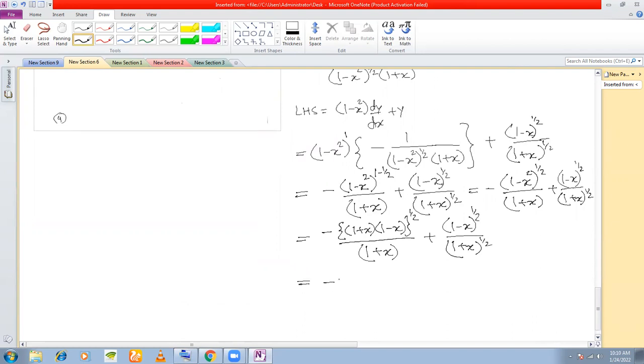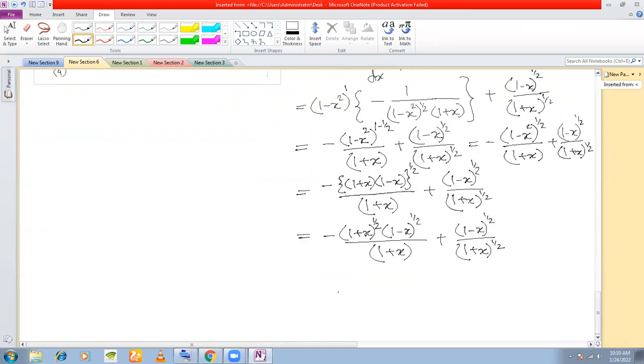So now which can now be written as minus 1 plus x to the power of half into 1 minus x to the power of half divided by 1 plus x plus 1 minus x to the power of half divided by 1 plus x to the power of half, right?